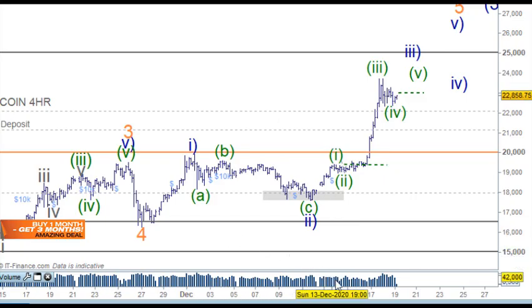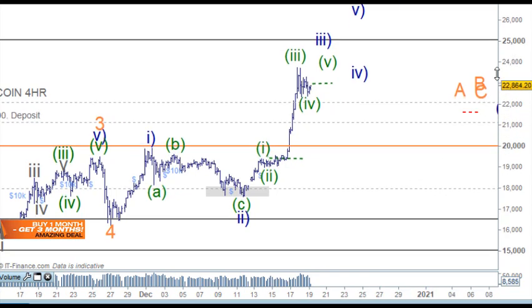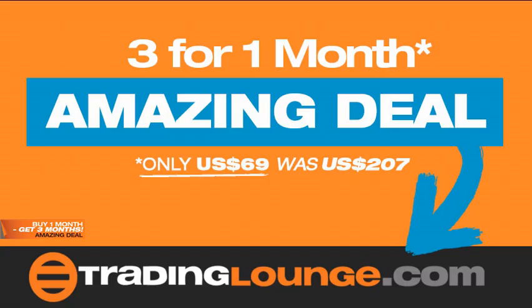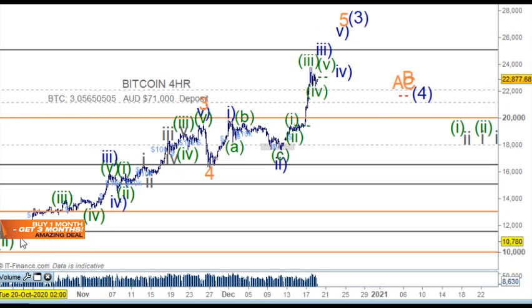So I'm just moving to the 4-hour chart here, and I haven't put any money in as such, and I've just got my 71,000 in there, which is Australian dollars. So a lot of my buying was done pretty much down here, just building in through down here.